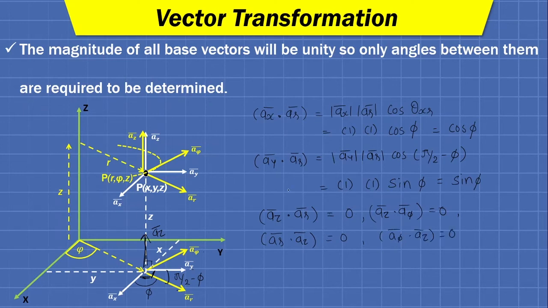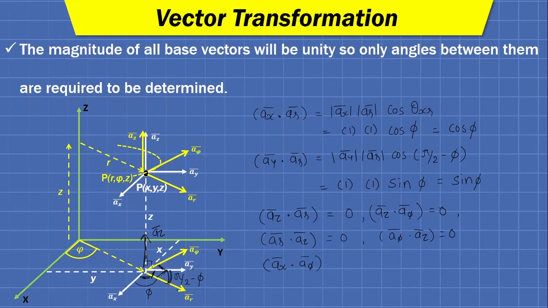Moving further, the two angles still to be visualized are a_x dot a_phi and a_y dot a_phi. What is the angle between a_x and a_phi? As you can see, the angle between a_r and a_phi will be 90 degrees because these two are base vectors of the cylindrical coordinate system. Now this angle is 90 degrees and this angle is pi by 2 minus phi.